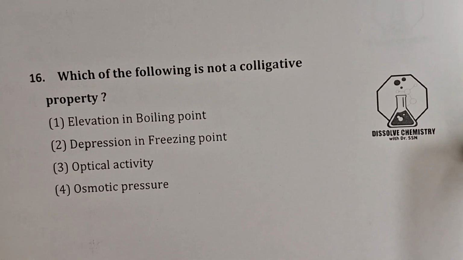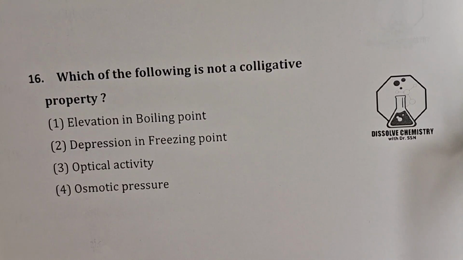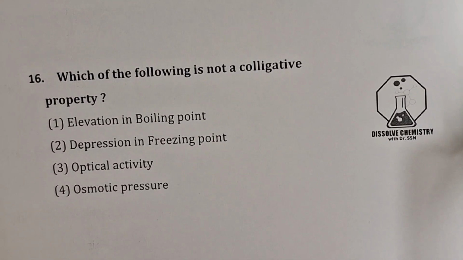16th question. Which of the following is not a colligative property? Already I listed in the previous question what the colligative properties are: elevation in the boiling point, depression in the freezing point, osmotic pressure, and relative lowering of the vapor pressure.